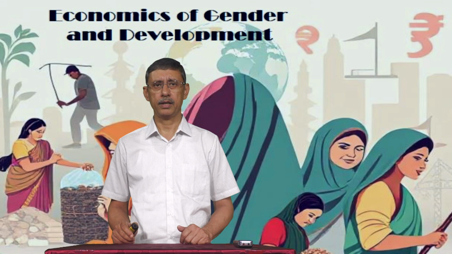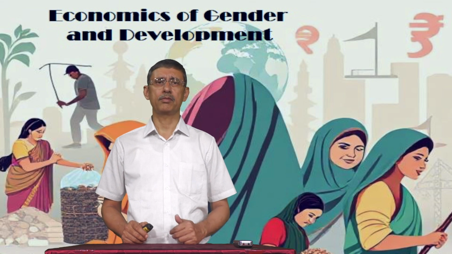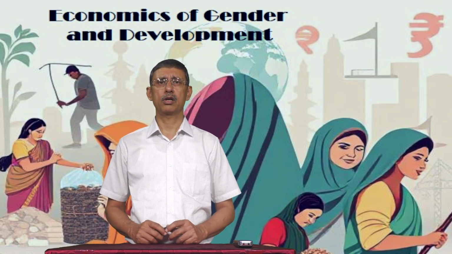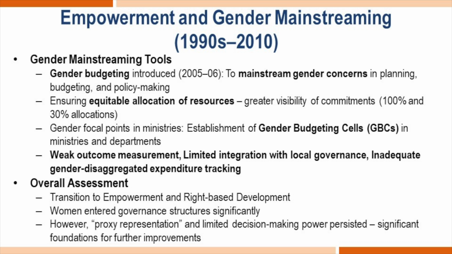At the same time, we also introduced a lot of gender mainstreaming tools like gender budgeting. It was introduced in 2005-06 to mainstream gender concerns in planning, budgeting, and policy making. It ensured equitable allocation of resources so that it not only reflects the commitment of the government, but at the same time also provides actual resources to support gender initiatives.